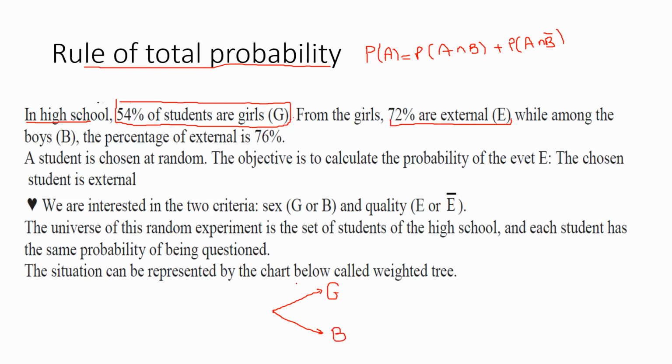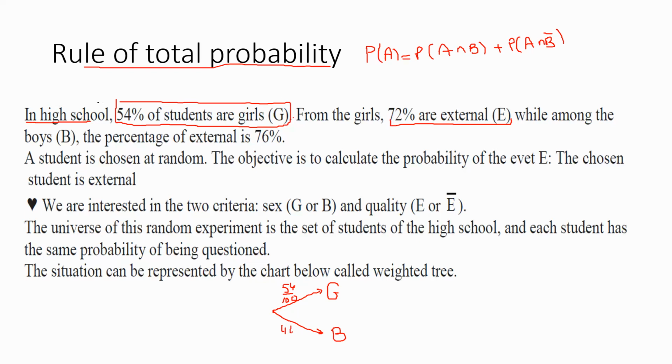How much is the percentage of girls? 54 over 100. How much is the percentage of boys? 46%.